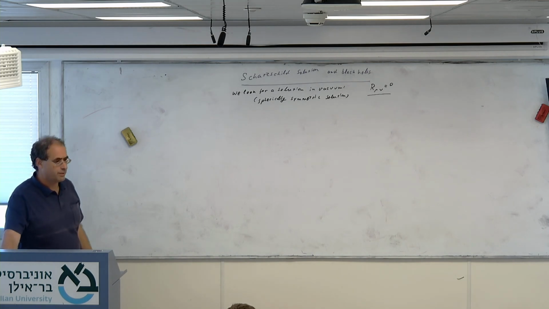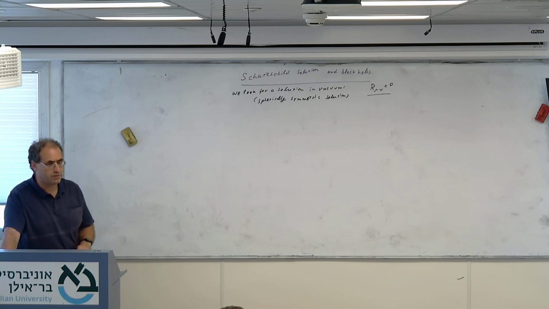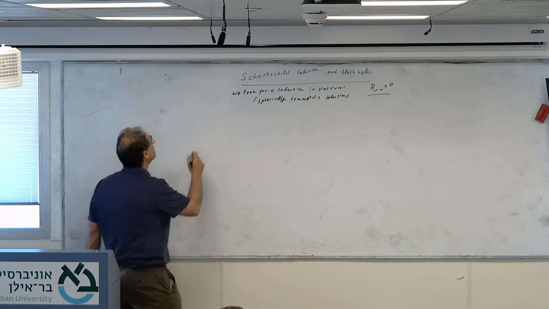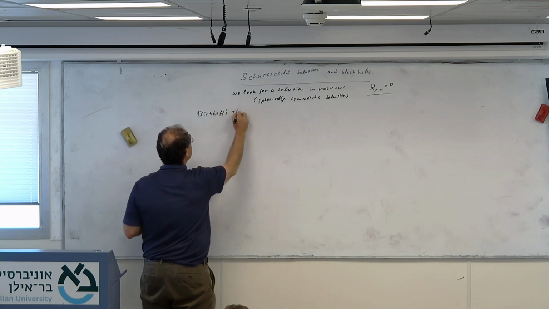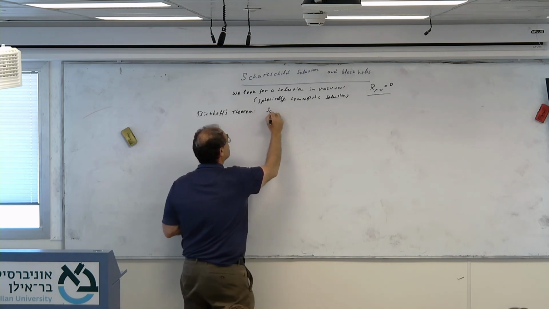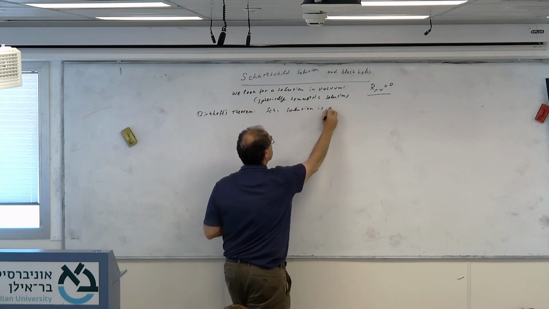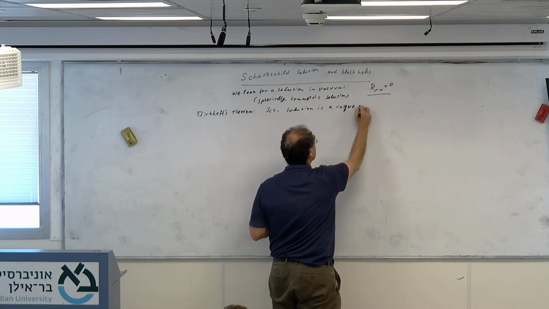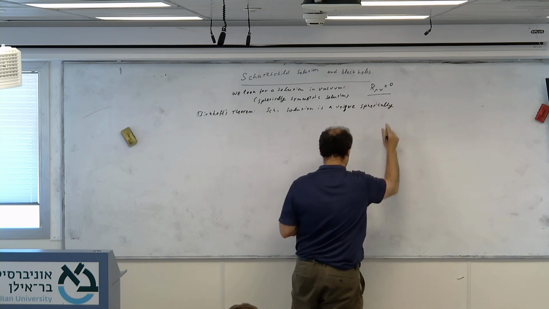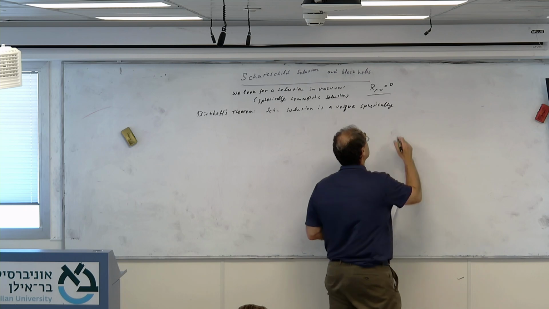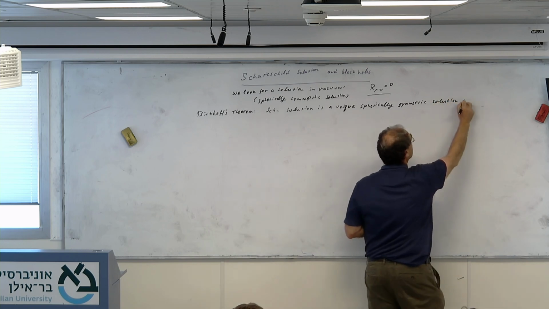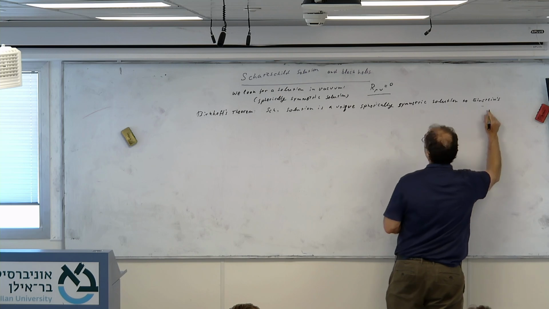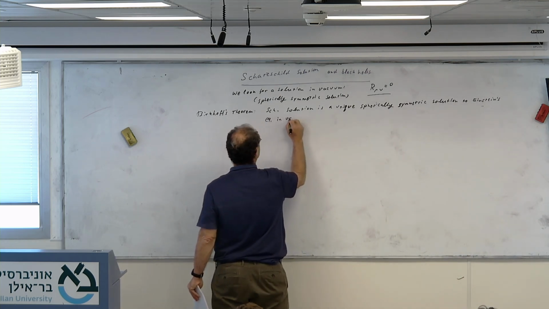There is a theorem, called Birkhoff's theorem, which states that the Schwarzschild solution is the unique spherically symmetric solution to Einstein's equation in vacuum.